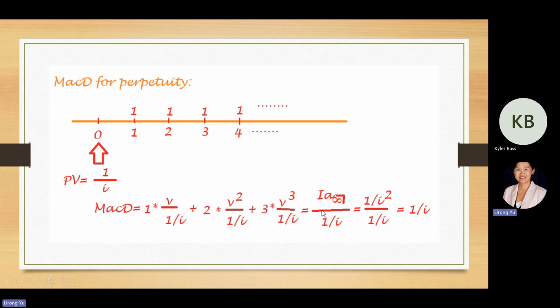That's 1 times v over 1/i, and 2 times v squared over 1/i, 3 times v cubed over 1/i, and so on, plus 5 times v to the power 5 over 1/i. This is the infinite summation, and it equals 1/i anyway.